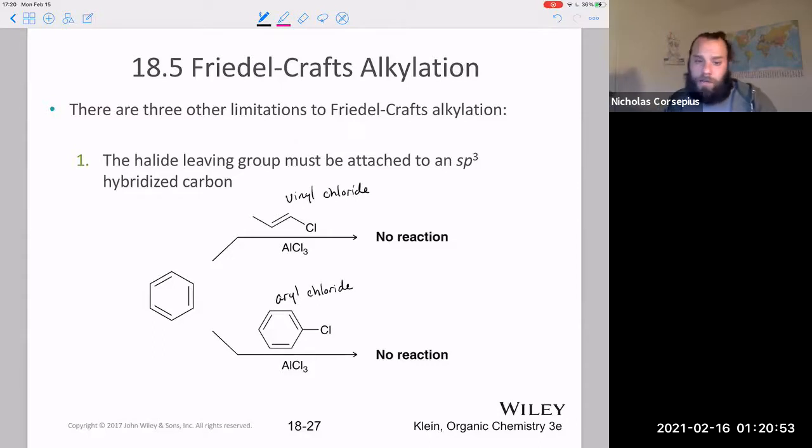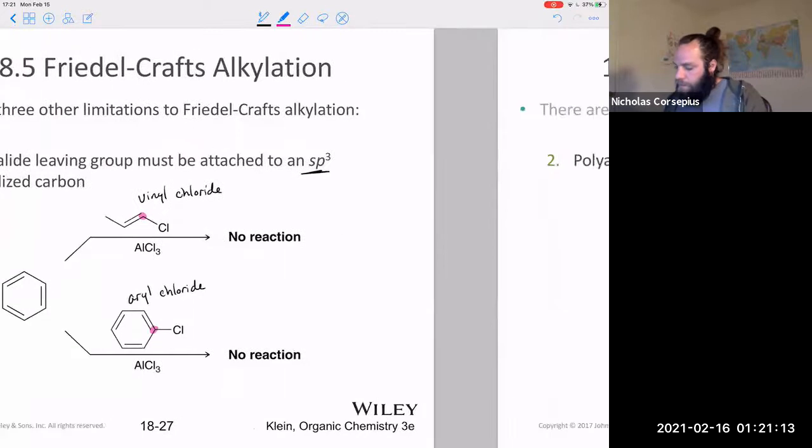Remember, these do not readily form stabilized carbocations. Vinylic cations and aryl carbocations are not very stable. So no such reactions will take place. Again, that carbon that the leaving group is attached to needs to be sp3 hybridized. Notice that these ones are not.